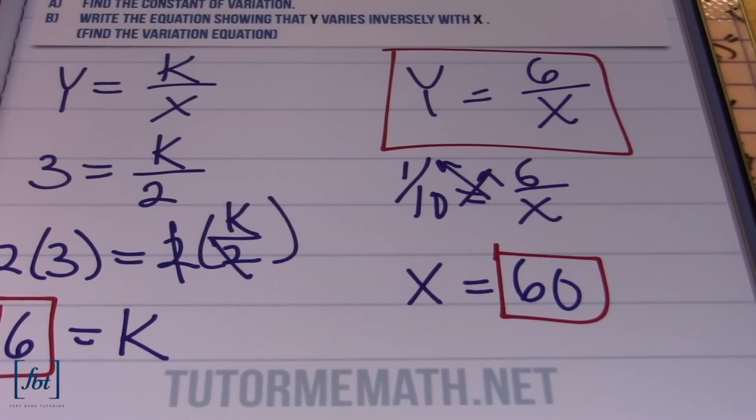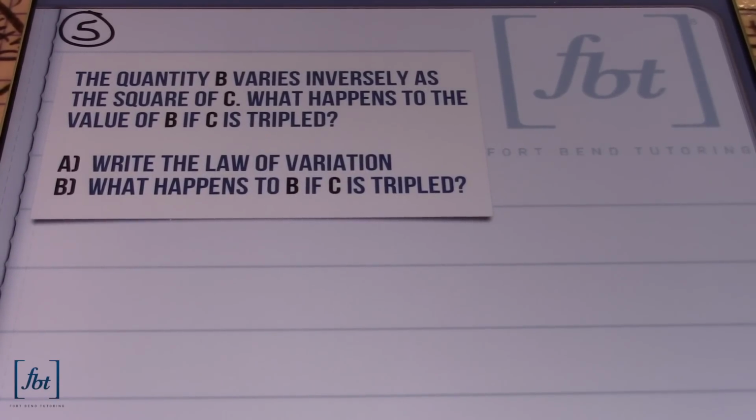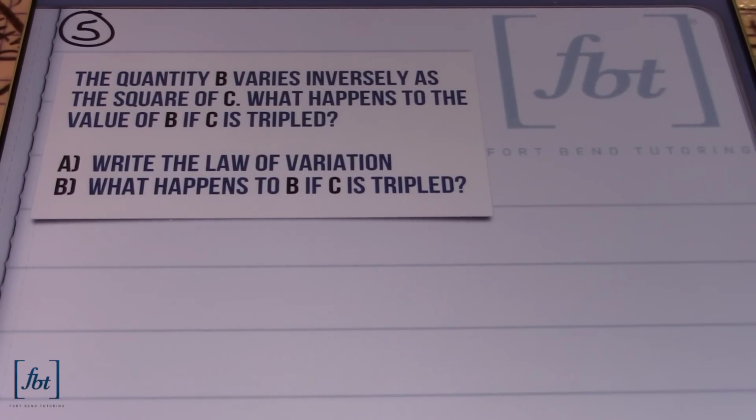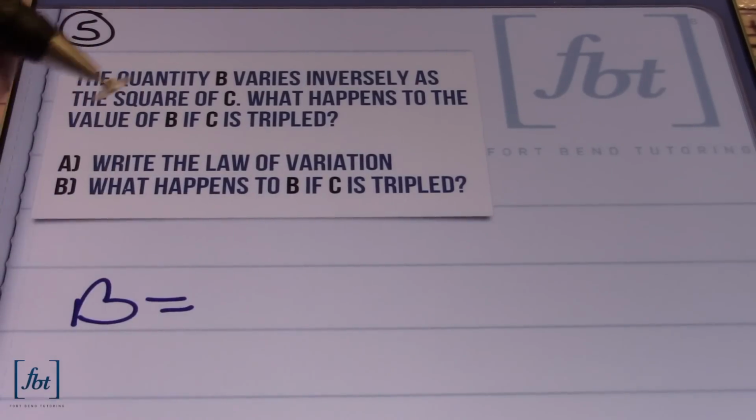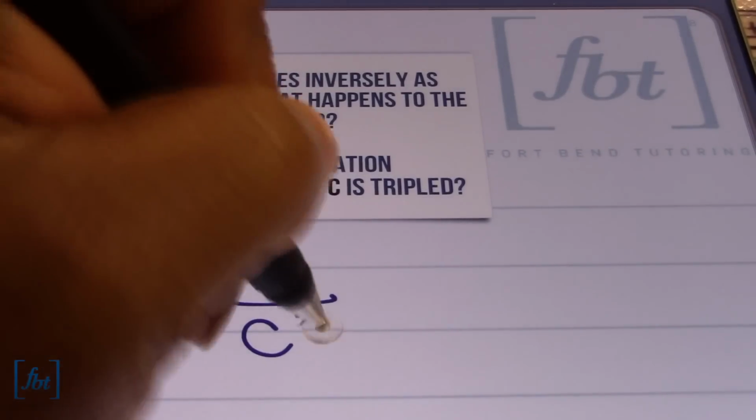Let's move along. For problem number 5, it says the quantity B varies inversely as the square of C. What happens to the value of B if C is tripled? For part A, they want us to write the law of variation, and for B, they want to know what happens to B if C is tripled. To begin with part A, we have B equals K divided by C squared.